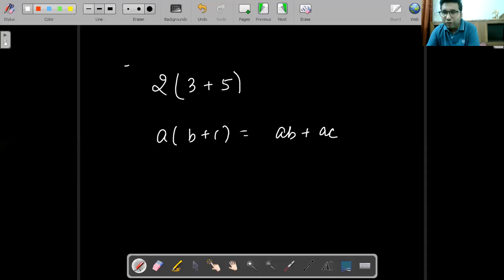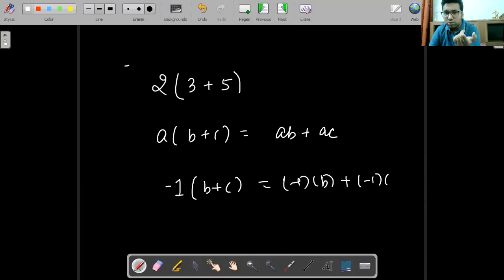If value of a is minus 1, what will be the answer? Please tell me. Very simple. Same thing. Minus 1 into b, very good, Naina, plus minus 1 into c, and that is minus b minus c.